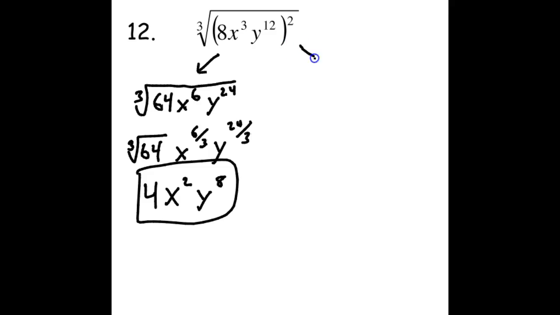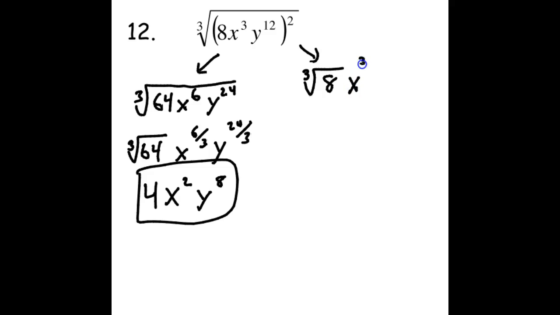Okay. Another way would be to do the cube root of just this part, and then square it at the very end. So we can do, yeah, cube root of 8, right?